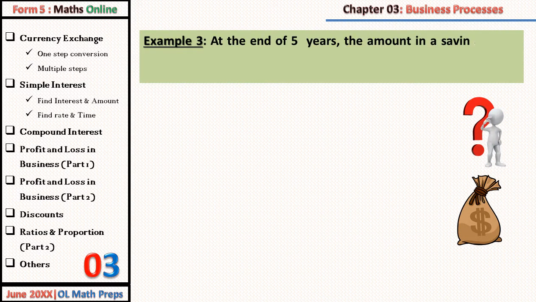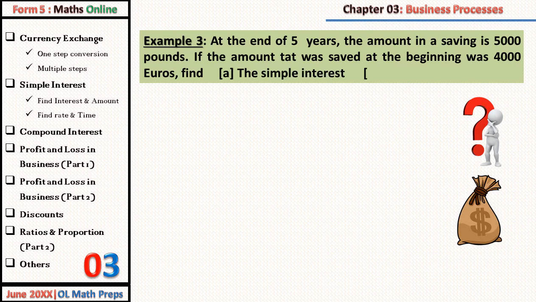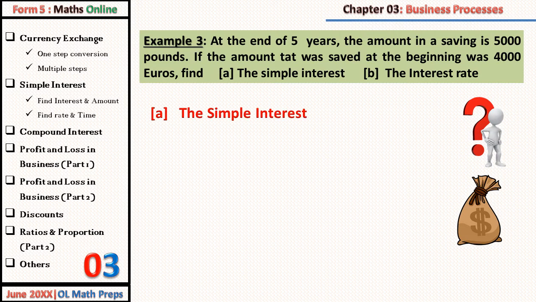Example 3. At the end of 5 years, the amount in a savings account is 5,000 pounds. If the amount that was saved at the beginning was 4,000 pounds, find A, the simple interest, and B, the interest rate. Since we have been given the amount and the principal, we can obtain the simple interest by subtracting principal from amount.